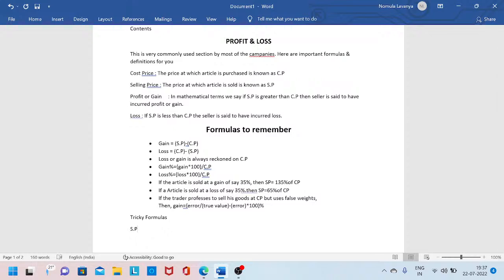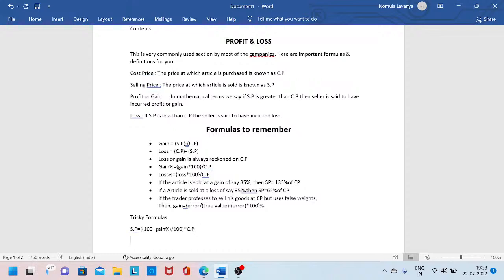SP equals (100 plus gain percent) slash 100, into CP, that is cost price.